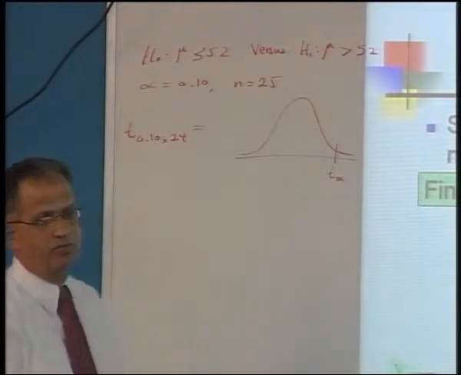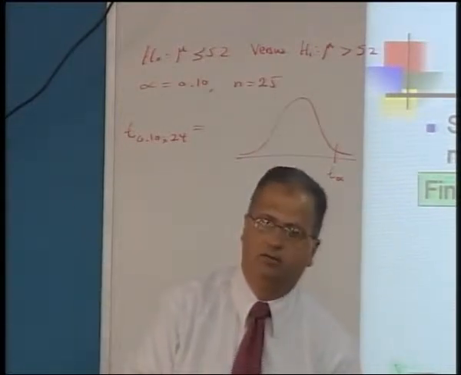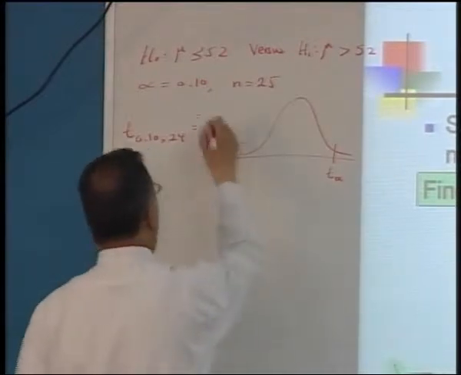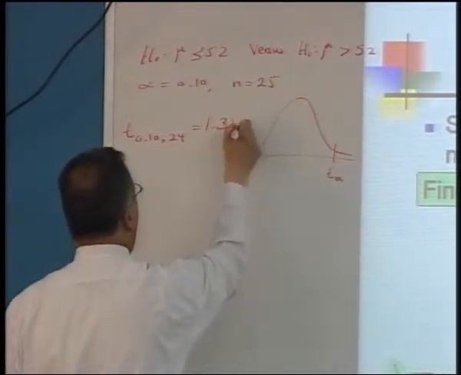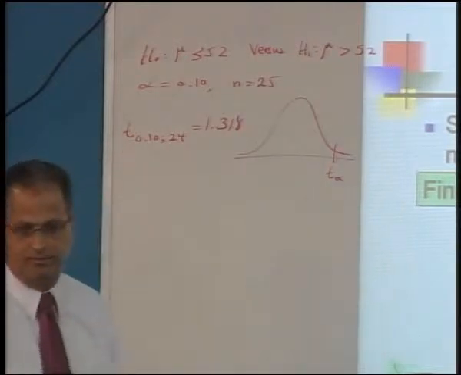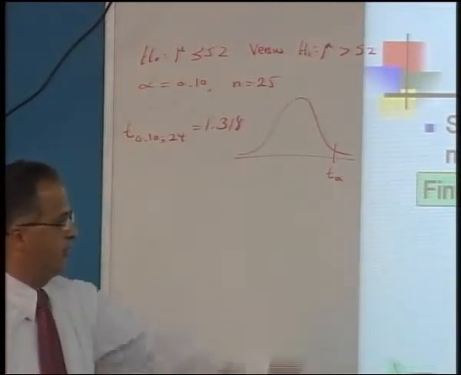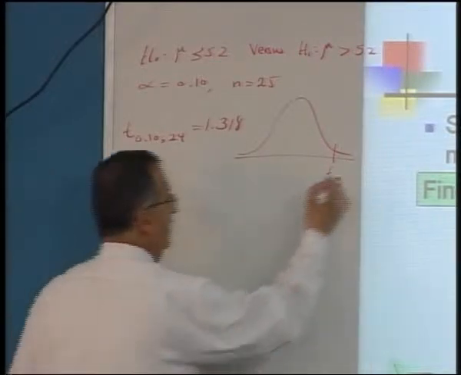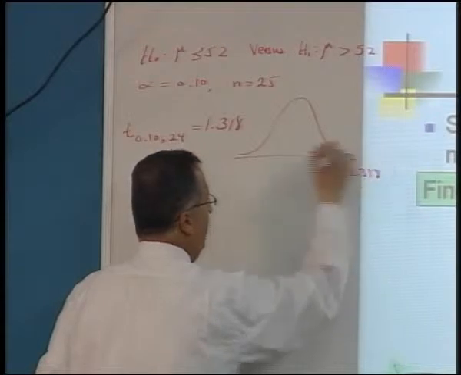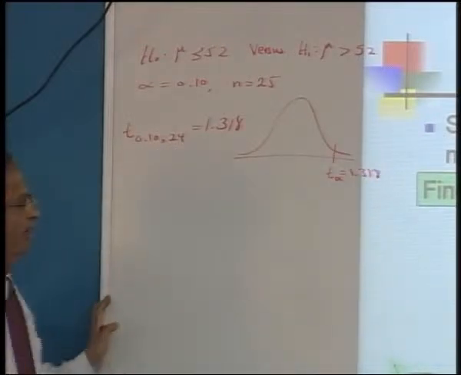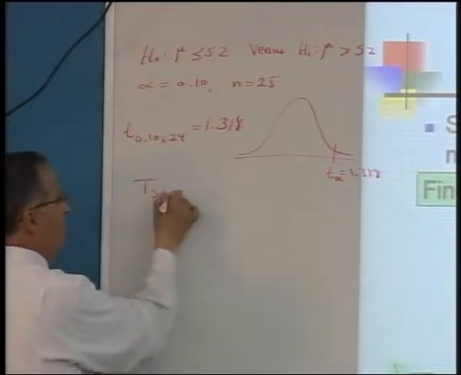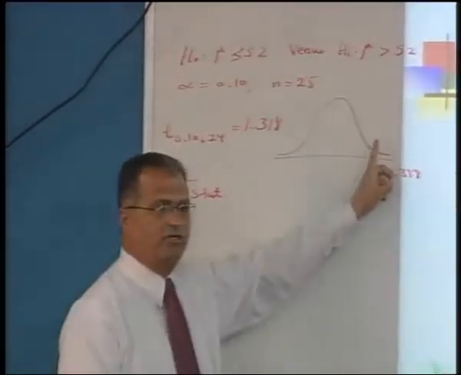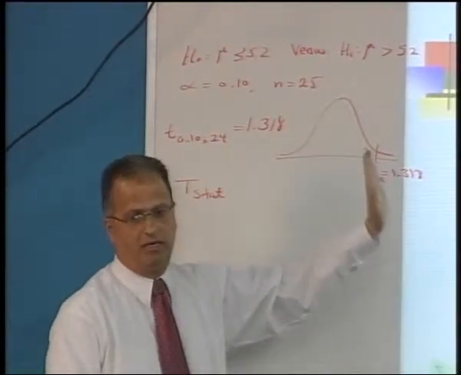I think many times we use the t table. By using the t table, you can find that your critical value is 1.318. So that's your critical value. Now my decision is, if the value of this statistic lies in this rejection region, we reject the null hypothesis.